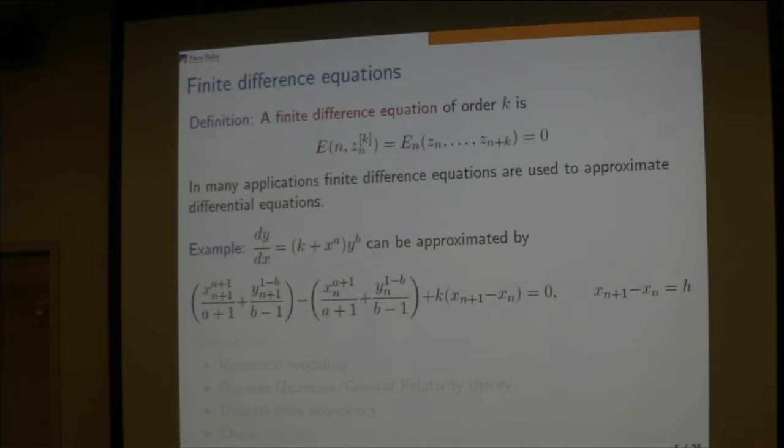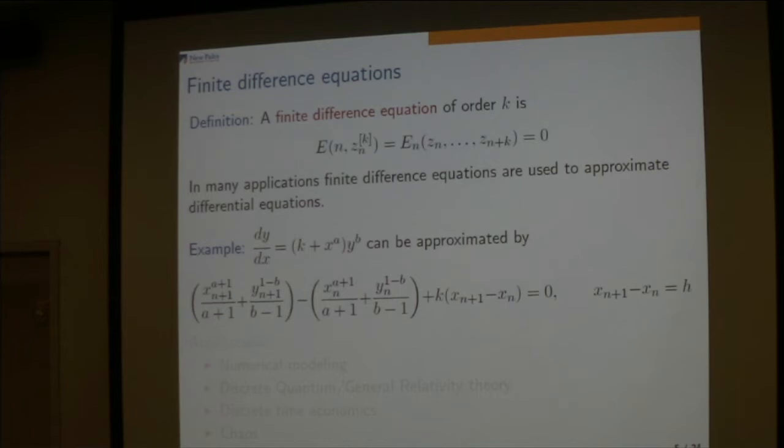And now we move the x terms around. So let's move the x terms to the other side. We'll have minus y_{n+1} plus y_n equals negative x_{n+1} plus x_n.